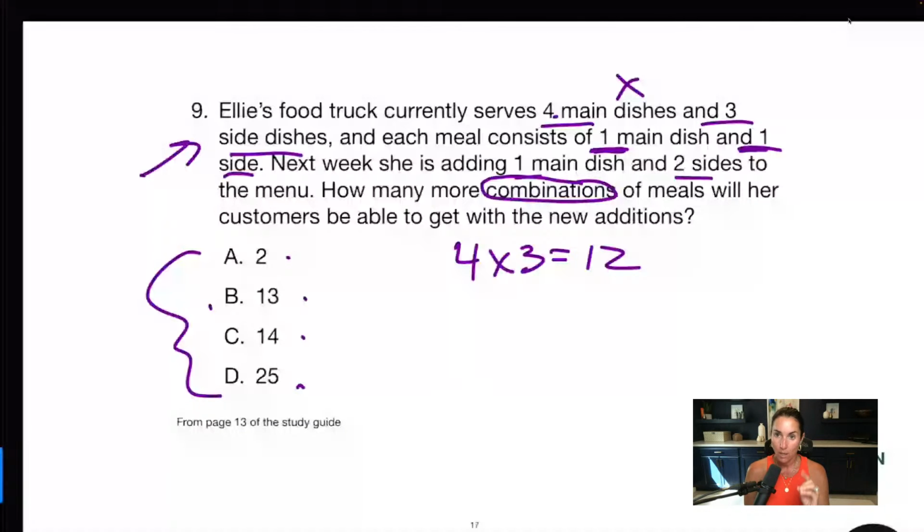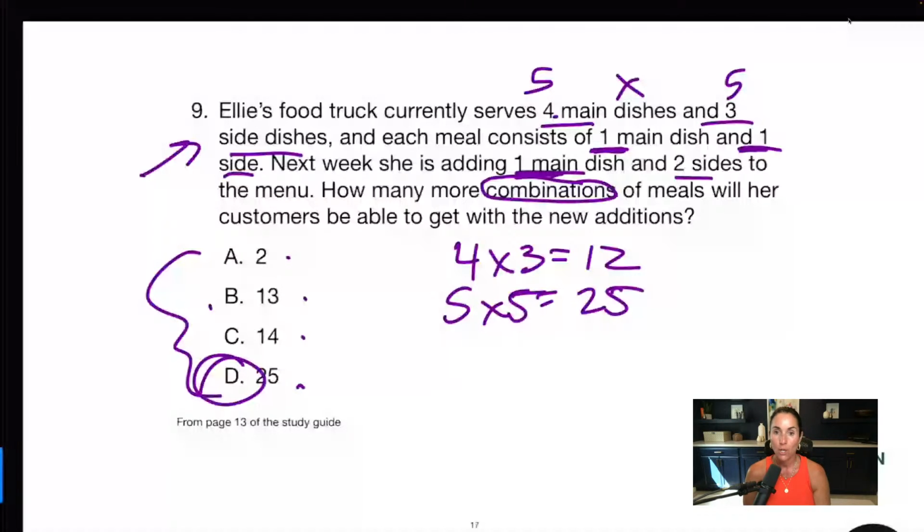for Ellie's food truck. But she's adding a main, which makes 5 mains, and 2 sides, which means 5 sides. Well, what's 5 times 5? The new one is going to be 25. Now be careful. You might go, okay, 25, we're done. No, read the question stem. Be careful.